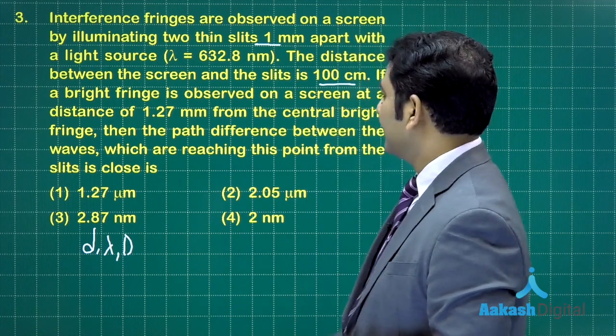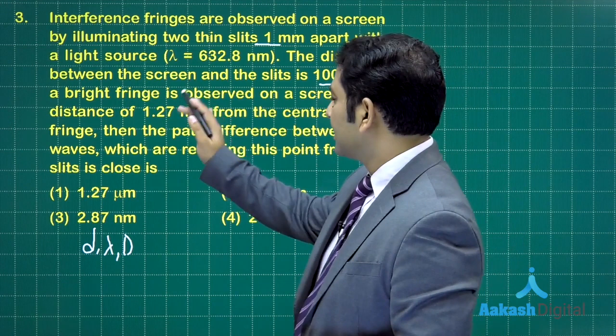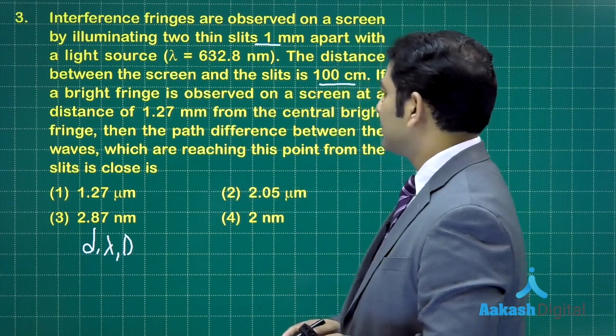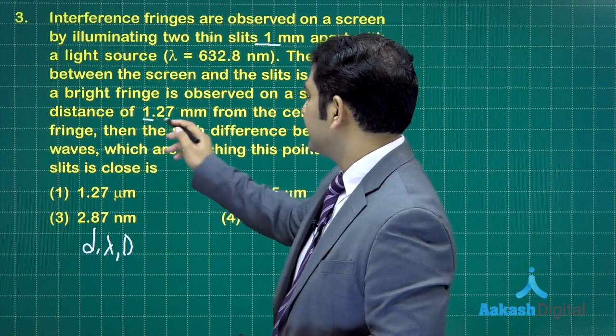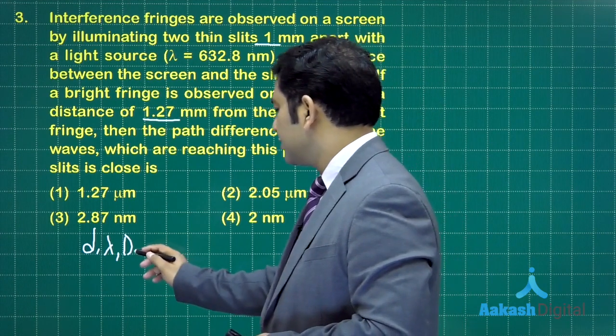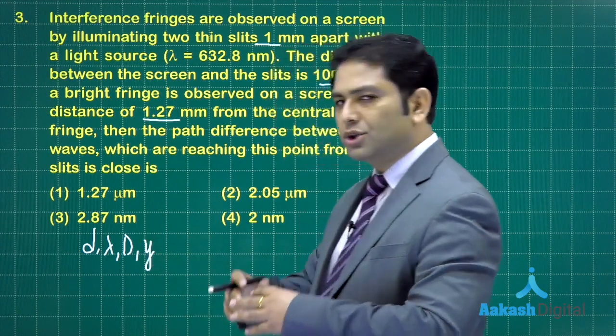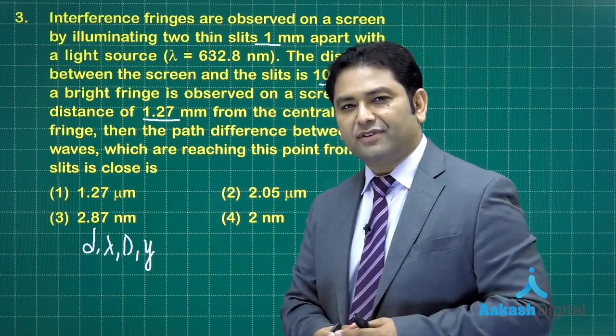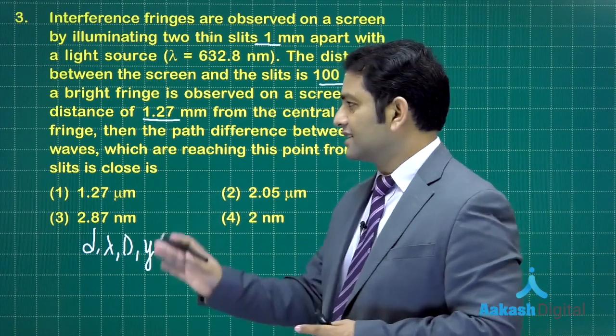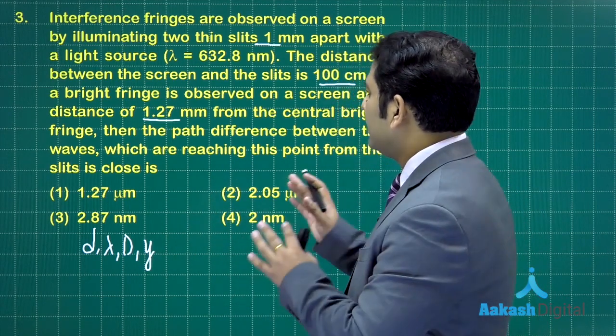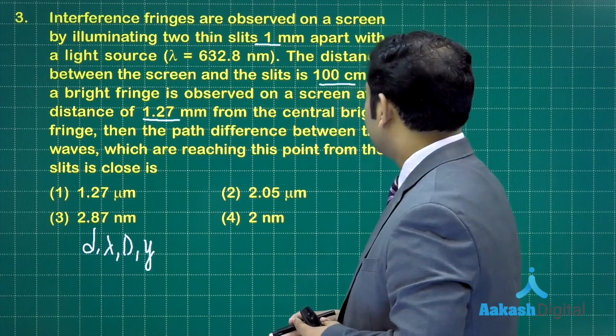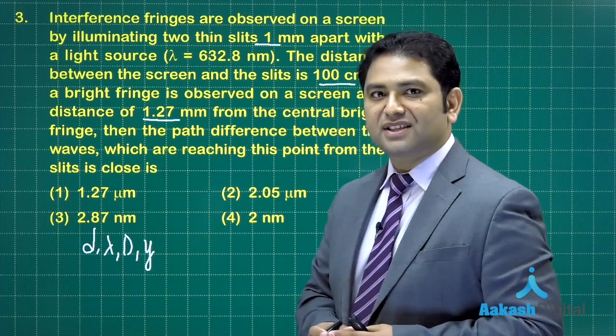Apart from that, it says there is a bright fringe which is observed on a screen at a distance this much from the central bright fringe. So we don't know which order bright fringe, but there is a bright fringe at a distance y. Now we need to calculate the path difference between the two waves.